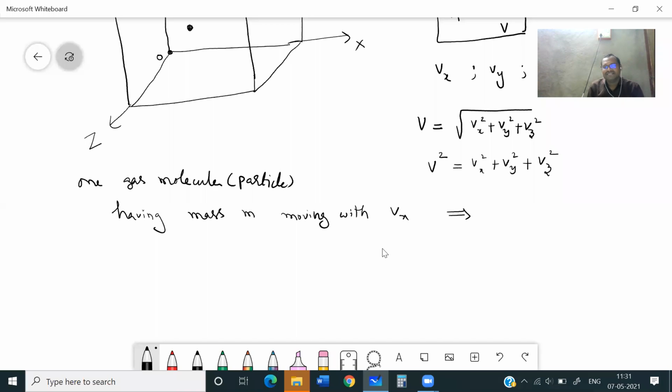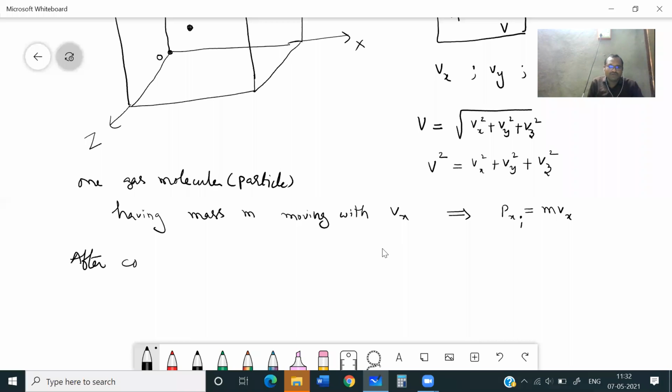That implies its momentum along the x-axis is mvx. This is the initial momentum. With this velocity the gas molecule is moving in this direction, so its momentum along the x-axis is mvx. This is the initial momentum. After the collision, what happened?